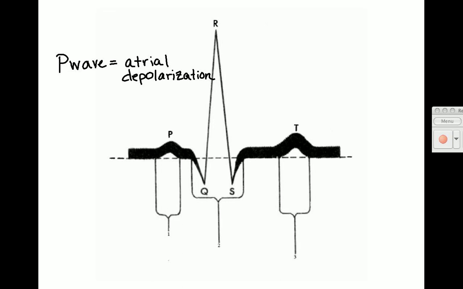Now, the letters bracketed by the number 2, QRS, that is referred to as the QRS complex. And that is ventricular depolarization.